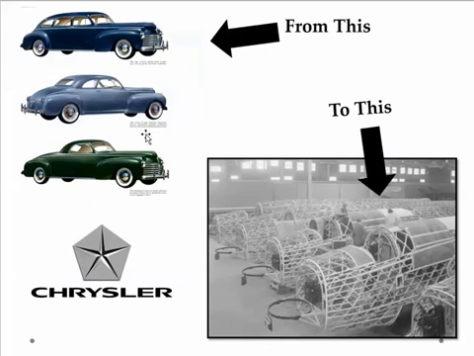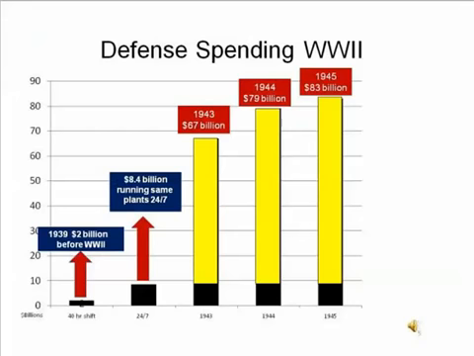Chrysler used to make these cars, but it converted over, wartime conversion, to making airplane fuselages, the body of the airplane. Defense spending during World War II, from 1939, was $2 billion, and by 1945, the end of the war, it rose all the way to $83 billion.